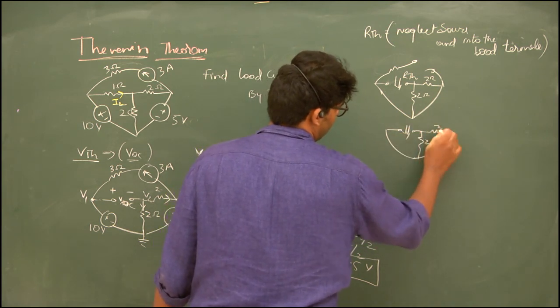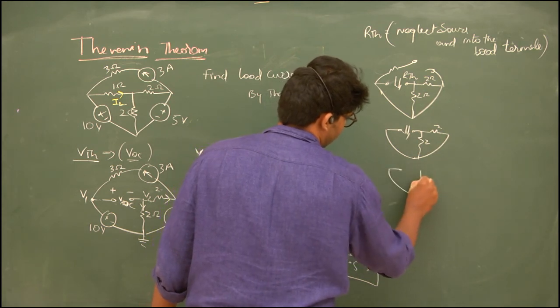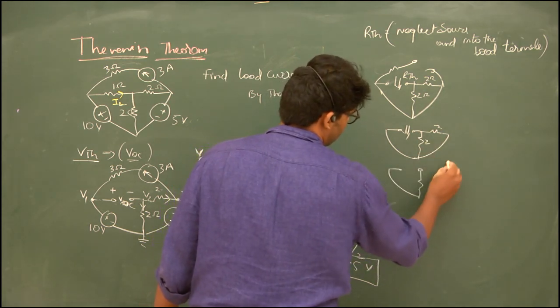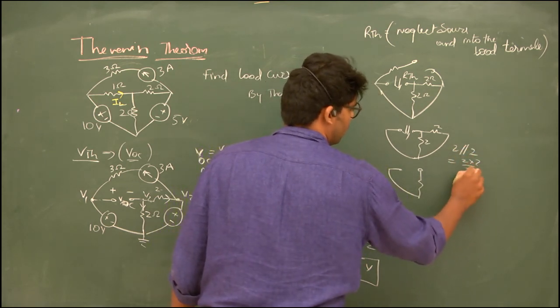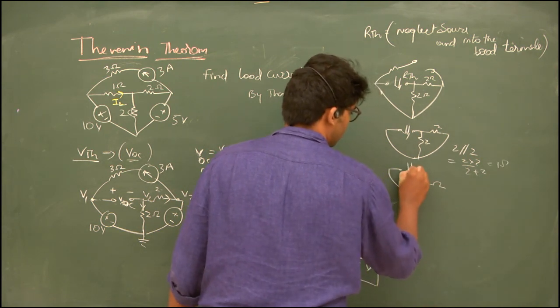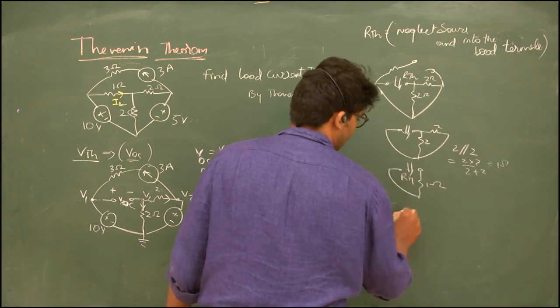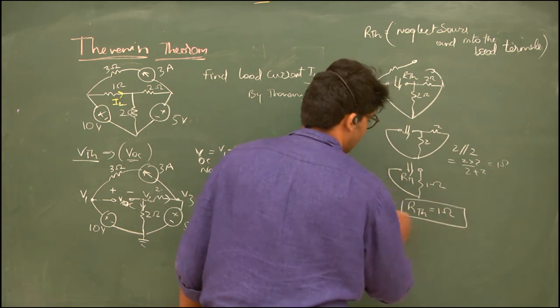This 2 ohm gets in parallel. Therefore this is further reduced like this. This 2 in parallel with 2 will come 2 into 2 by 2 plus 2, that is 1 ohm. Therefore R Thevenin equal to 1 ohm you got.